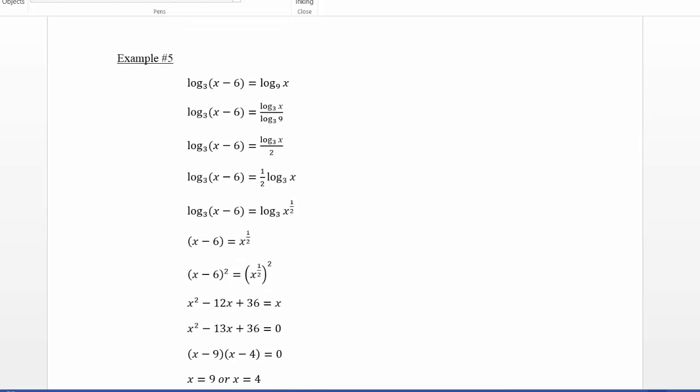If we take a look at this first example here, you can see we've got log base 3 of x minus 6 equals log base 9 of x. If we move the log base 9 over to the left side, that would be a little problematic because we wouldn't be able to use log properties because of the different bases. So what we're going to do here is take the smaller base, log base 3, and use that log base as our change of base property.